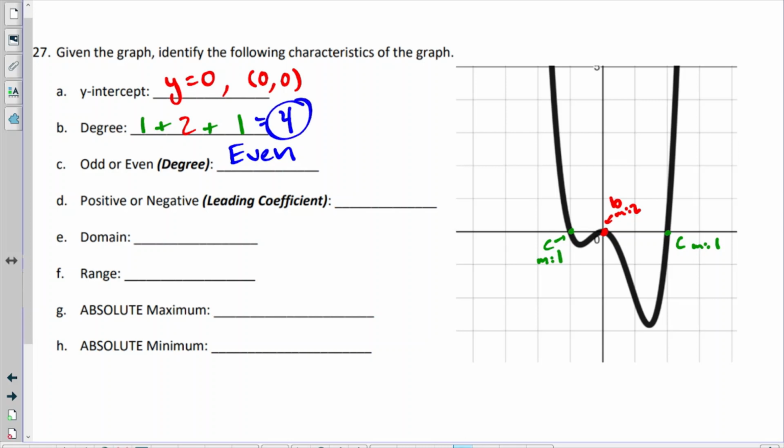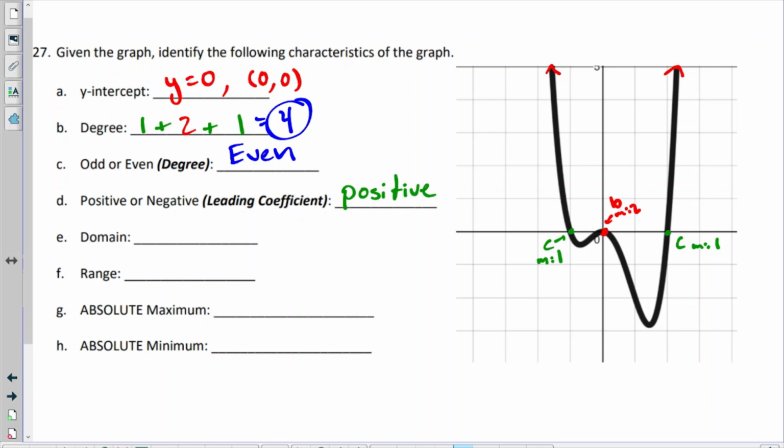So that's my degree, which is an even number, okay? And then based on the end behavior, I know that both tails are going up as x goes to the left and right. That means it's concave up like a cup, which means it's happy. So it is a positive leading coefficient, right? The a value is positive because my shape generally is going up on both ends.